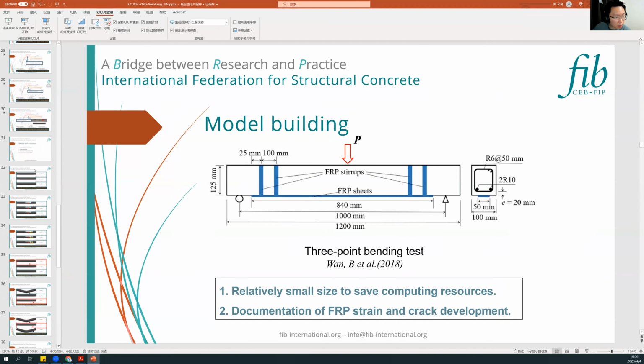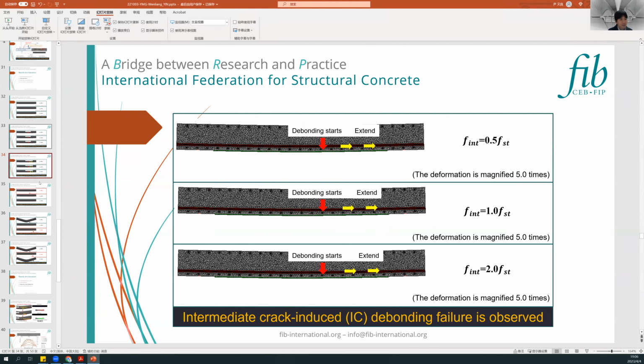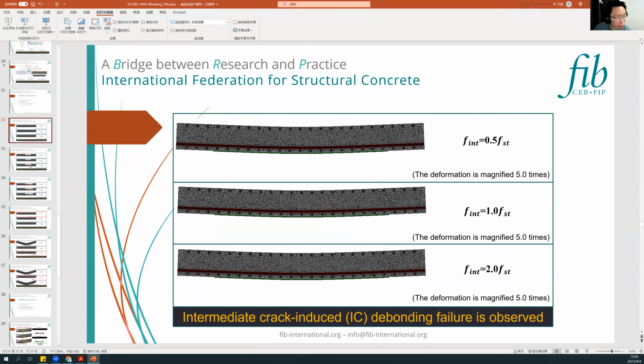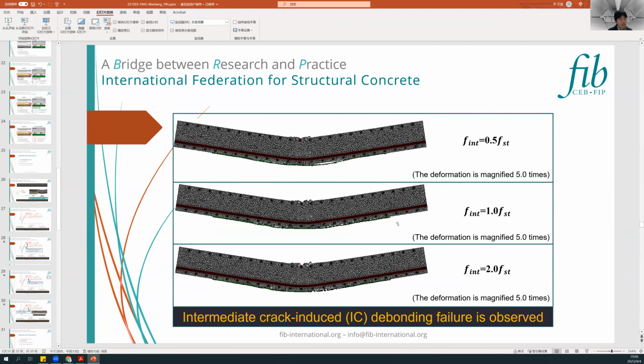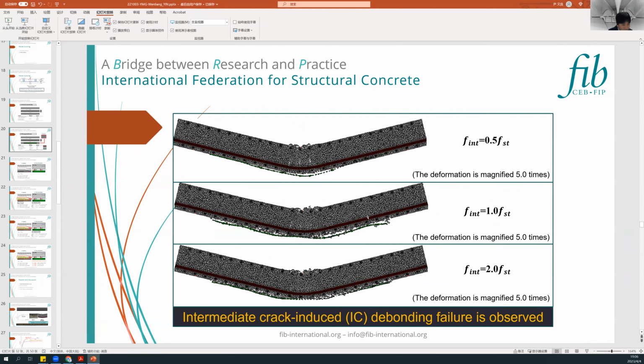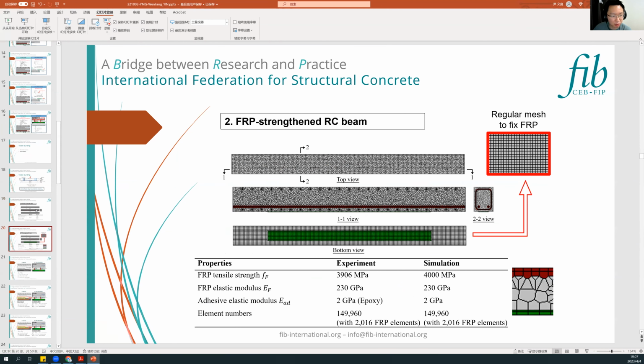Yes, the regular RC. I have one comparison model for the RC beam, without any sheet. Anyway, I have the beam without FRP and with FRP.